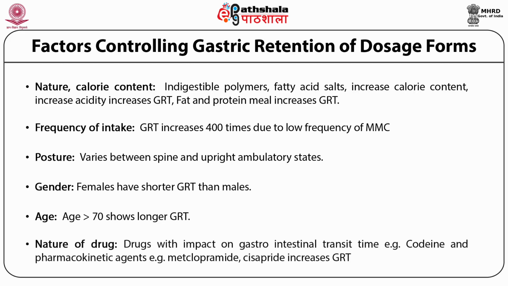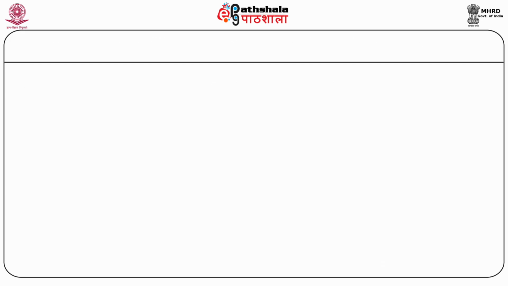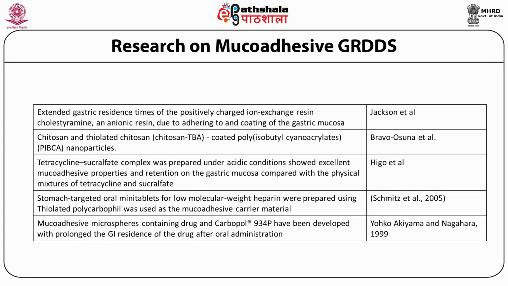Finally, the nature of the drug will also be an important factor for designing the GRDDS. Drugs with an impact on the gastrointestinal transit time, examples codeine, and pharmacokinetic agents like metoclopramide and cisapride, increase the gastroretention time. Research on the mucoadhesive gastroretentive drug delivery system.